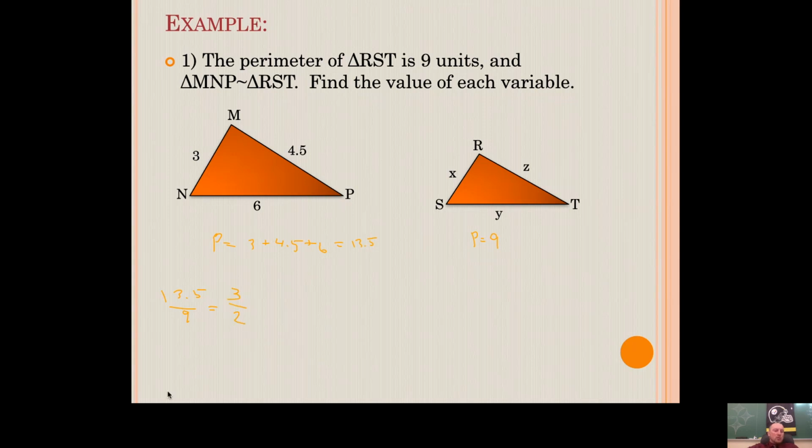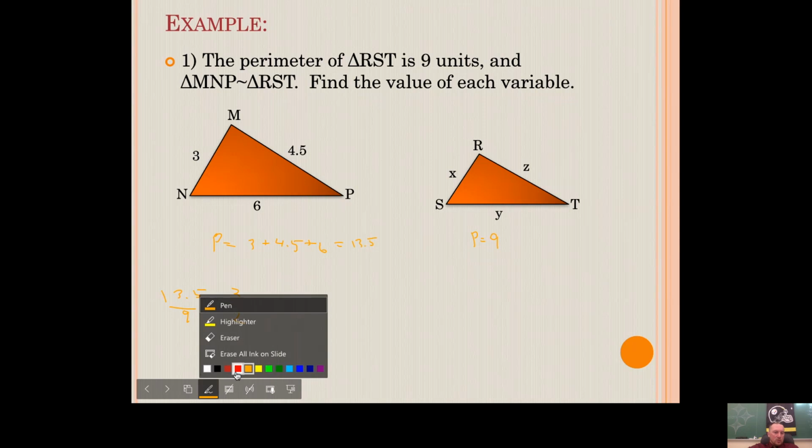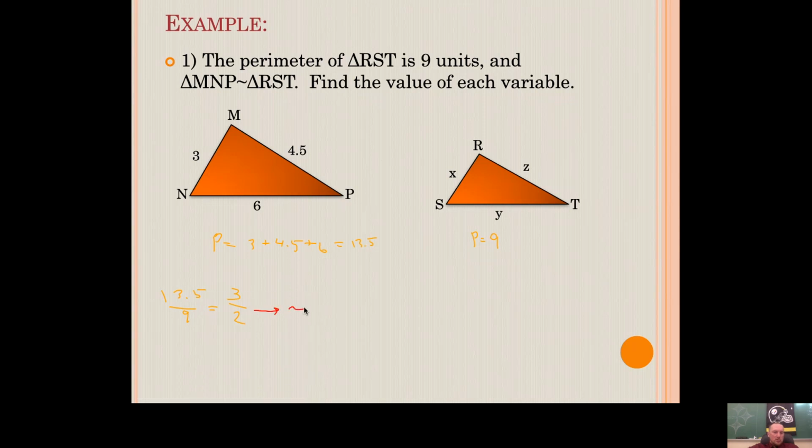If that's the ratio of the perimeters, it's also your similarity ratio. So what that means is this is a ratio of 3 to 2. So is this. So is this. If the ratio of perimeters is 3 to 2, the similarity ratio is 3 to 2.